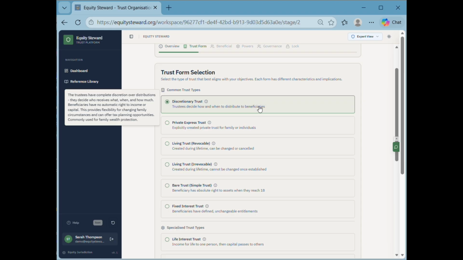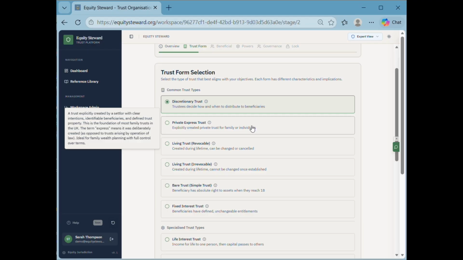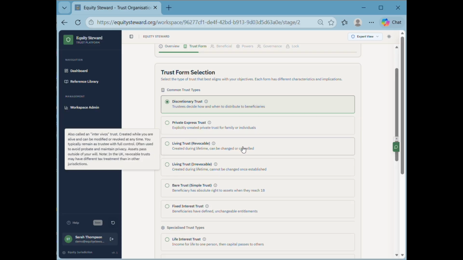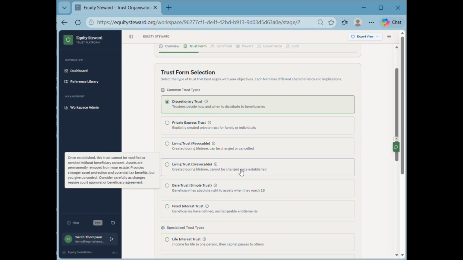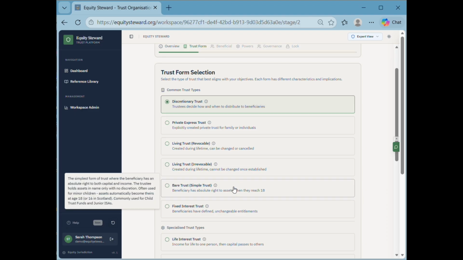A trust may exist in principle, but in practice its strength depends on whether its structure is actually understood, articulated, and recorded clearly. Stage 2 is designed to support that clarity. By capturing the trust's architecture explicitly, the platform creates a structural reference point against which later administration can be understood.